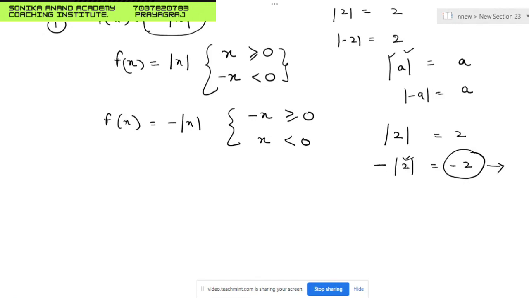Now, similarly, if it is less than 0, that means if we take minus 2, less than 0, then its answer should be positive if we don't have these absolute values. Okay?